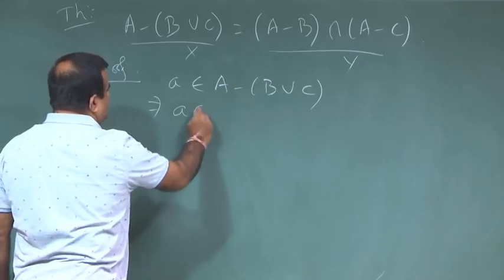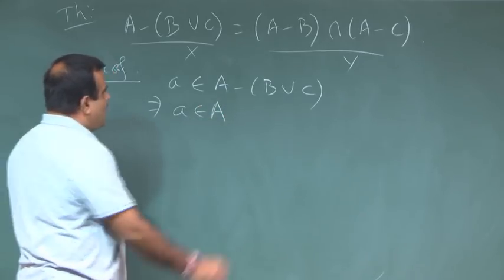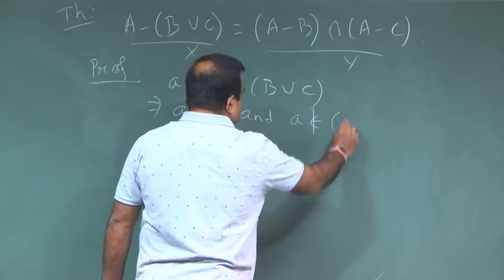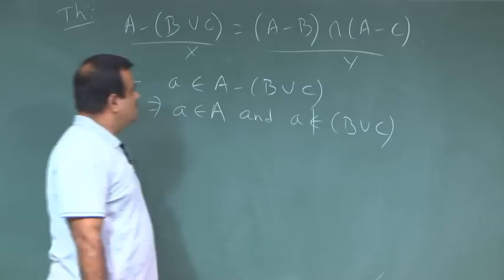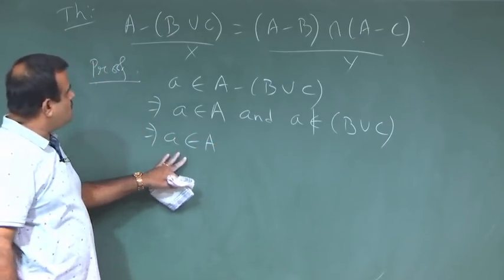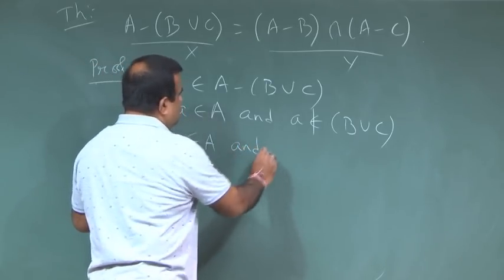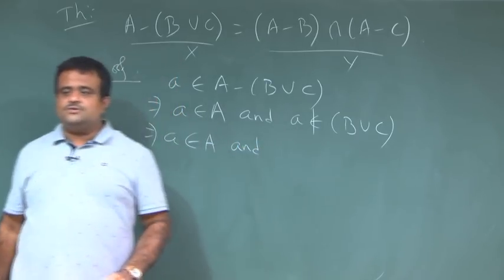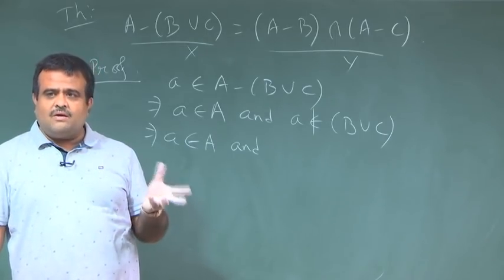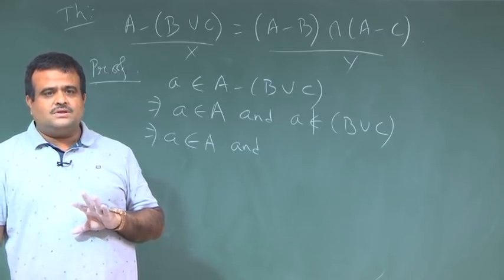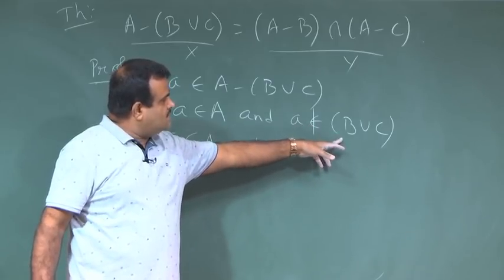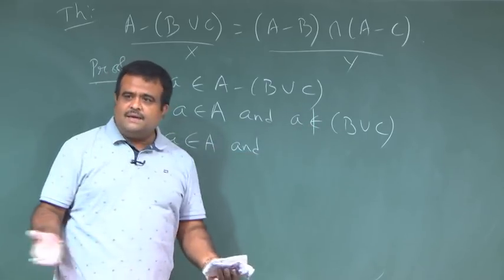This means a belongs to A and a does not belong to B union C. So, this implies a belongs to A, that is always true, and a does not belong to B union C means a is not in B and not in C, because otherwise, if a is in either B or C, then a belongs to B union C.